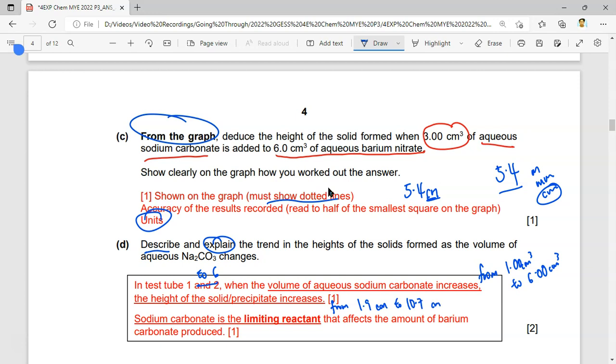And all of this is actually based on the graph drawn. Or you can say from the graph.